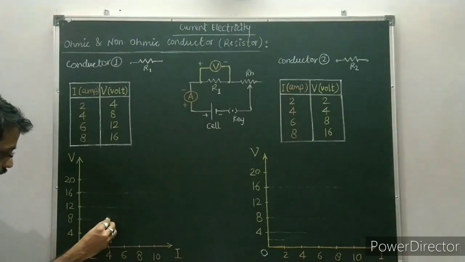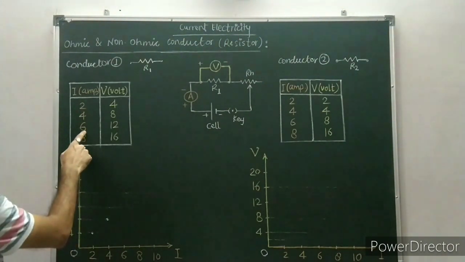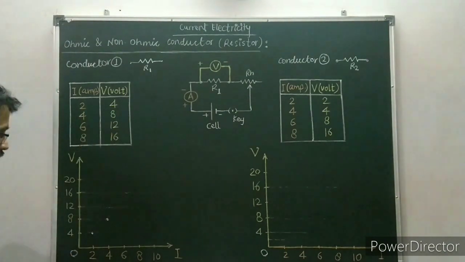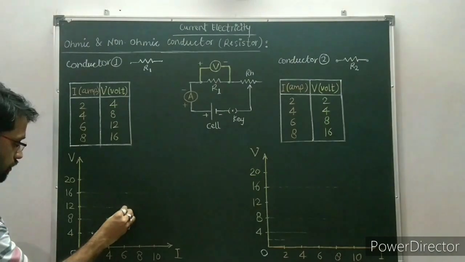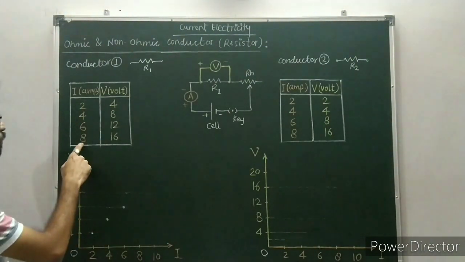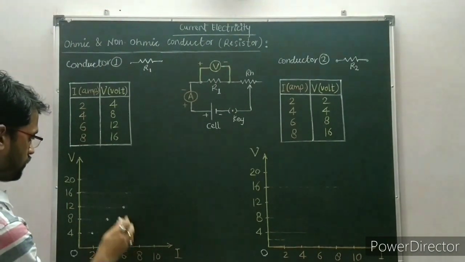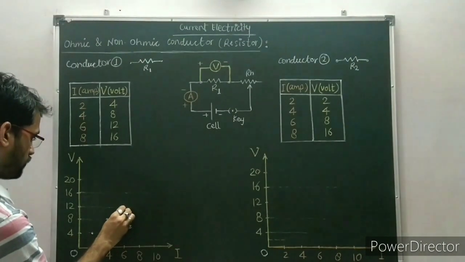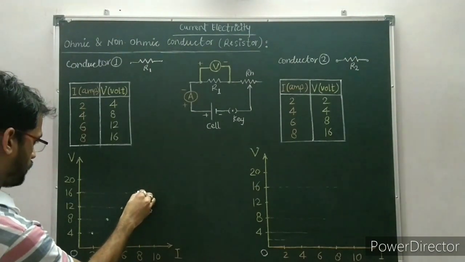Second point will be here. Third point, 6, 12. This. Now the fourth point is 8, 16.